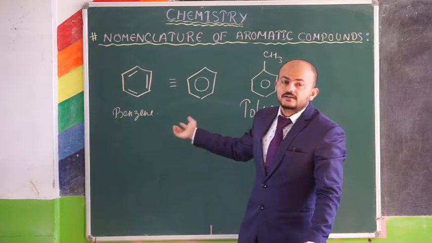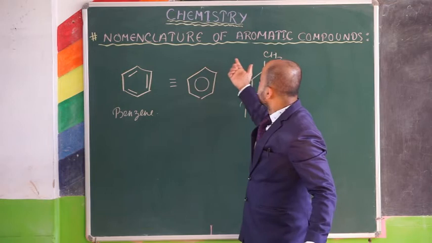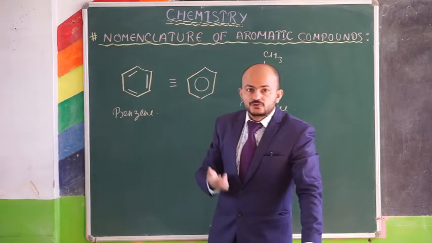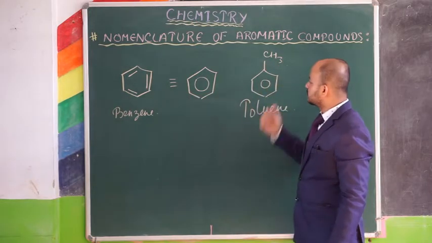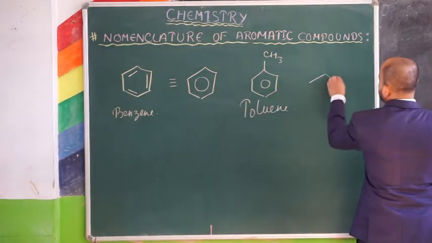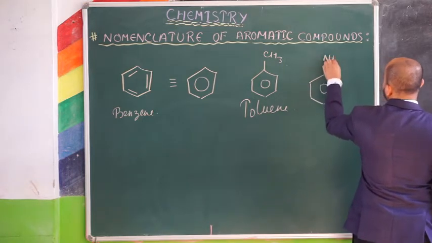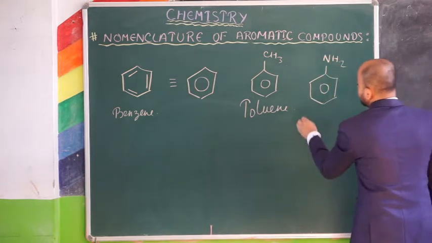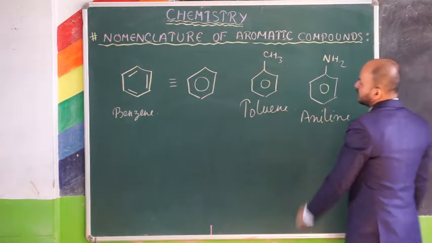Today these are like the alphabets for organic aromatic compounds, so you have to remember their names along with structure. This is toluene. Whenever you have a benzene ring with an NH2 group, this is known as aniline.